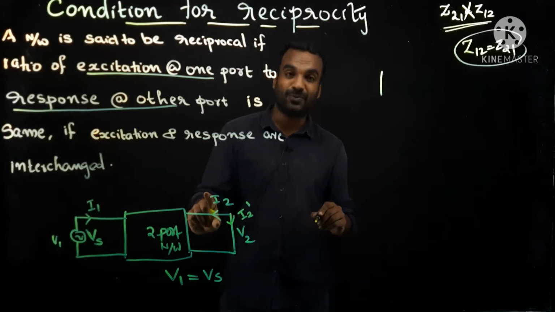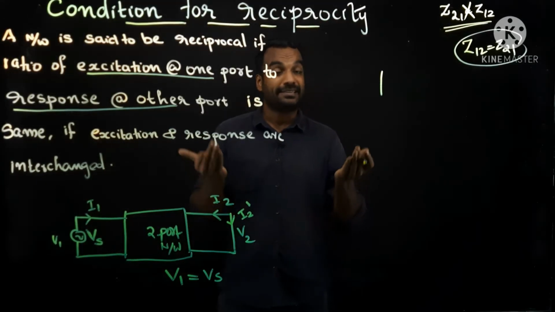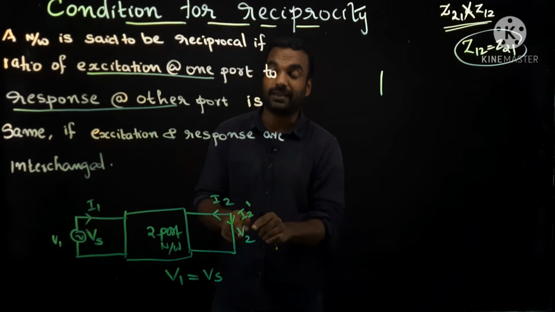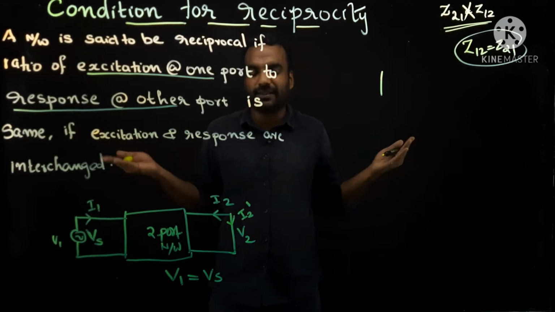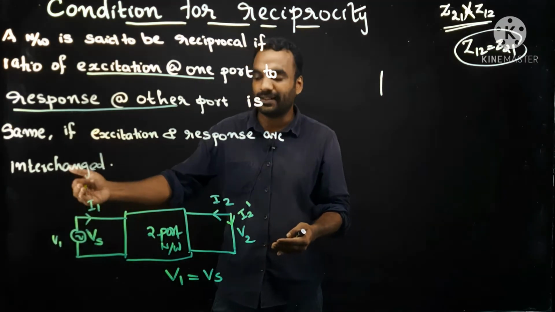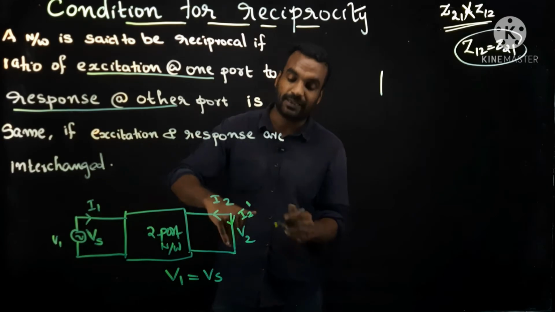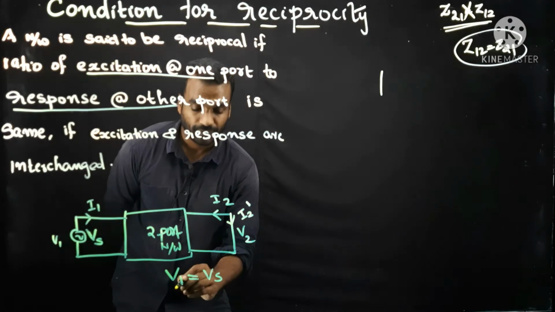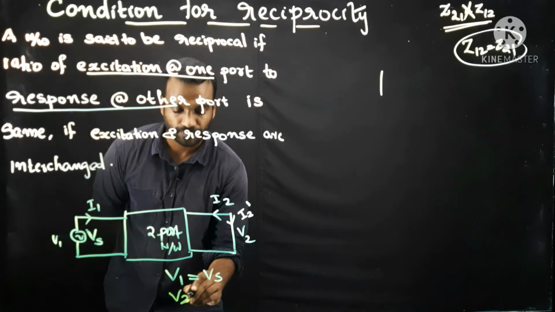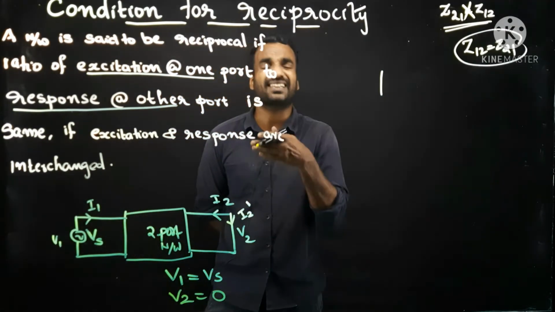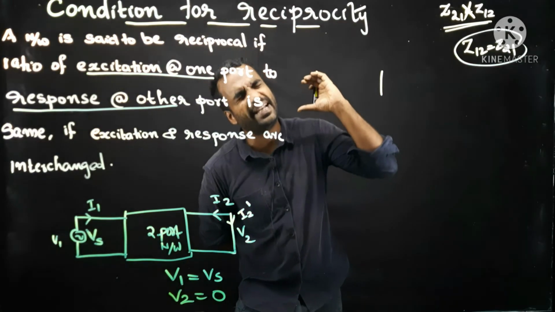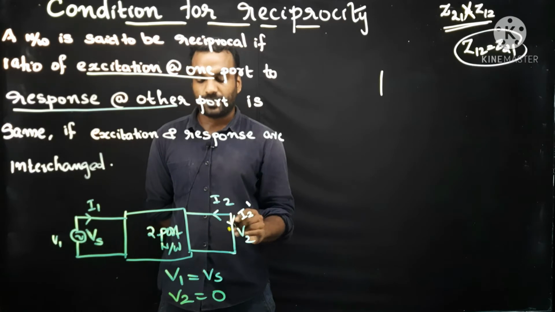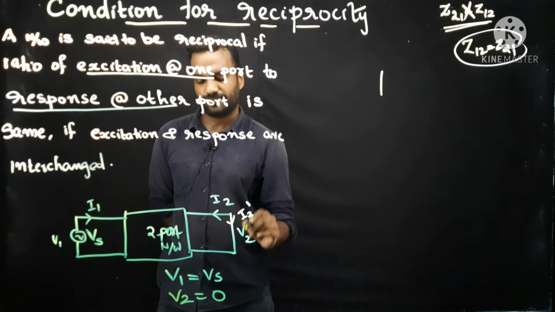Now what is the I2? I2 is the supposed direction that current will flow inside if we are connecting a source. But here I am not connecting any source, I am just shorting. So a current will come from this side to this side. That's why the direction of I2 is given as I2 dash. Now tell me, V1 is Vs. What is V2? V2 is 0 because of short circuiting. If you are short circuiting any terminals, its voltage will become 0. I1 is I1 itself.